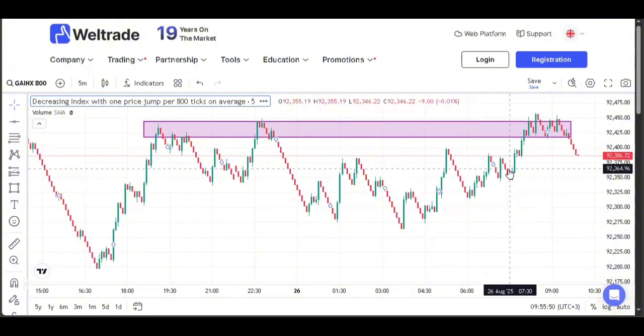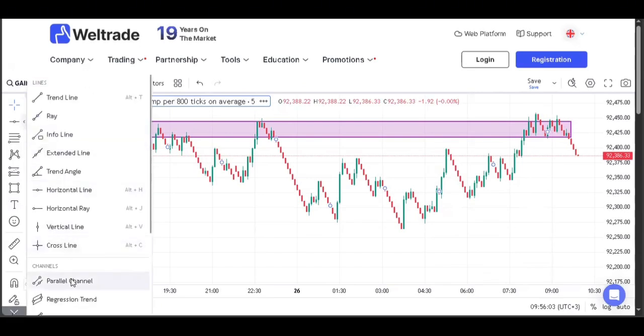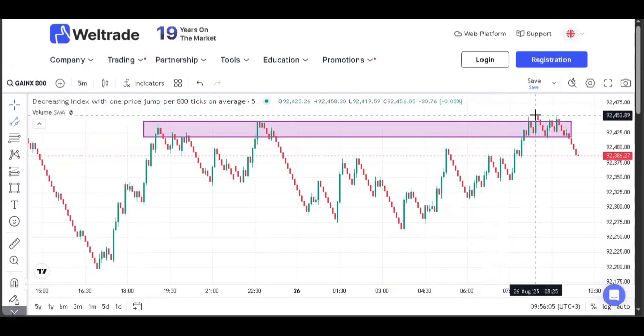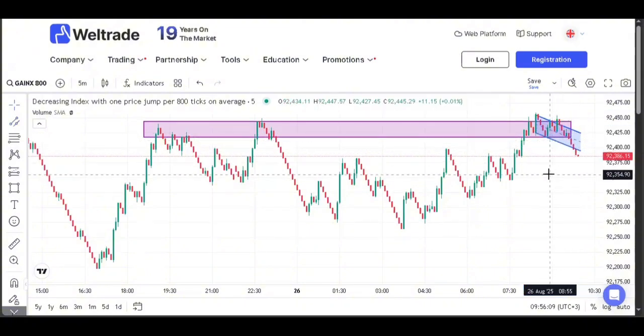So this is why I was telling you to avoid trying to apply price action here, because even if we draw our trend lines here, it's going to give us a breakout, but the breakout won't be real. You can see now it's a breakout whereby this spike crossed this upper trend line, but it's not a real breakout.